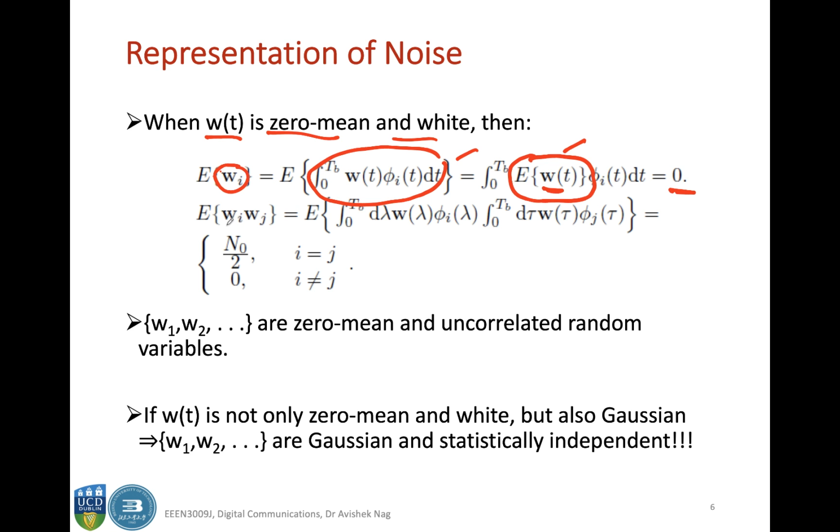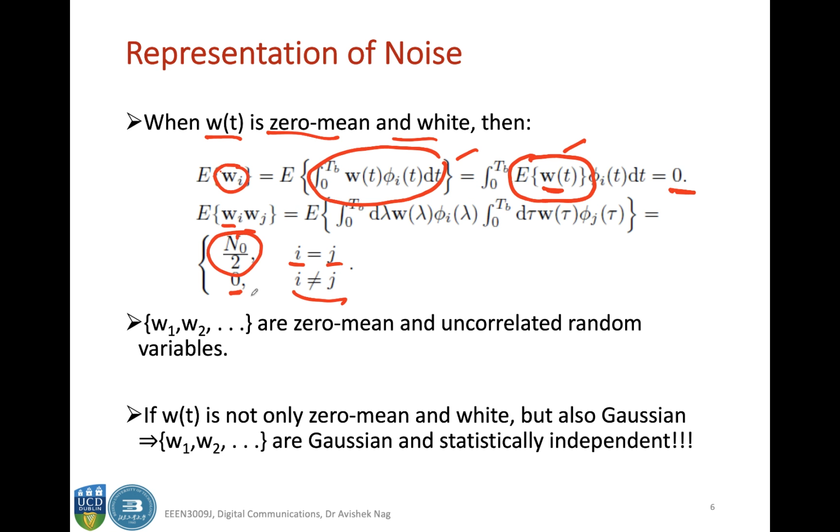And if you take the correlation between wi and wj, then with some mathematical manipulation you can show that this value will be N0 by 2 if i is equal to j, and it will be 0 if i is not equal to j, where N0 is the power spectral density of your zero mean white noise. So what does this mean?